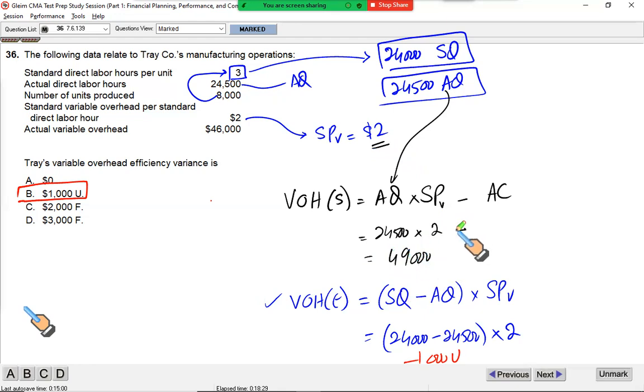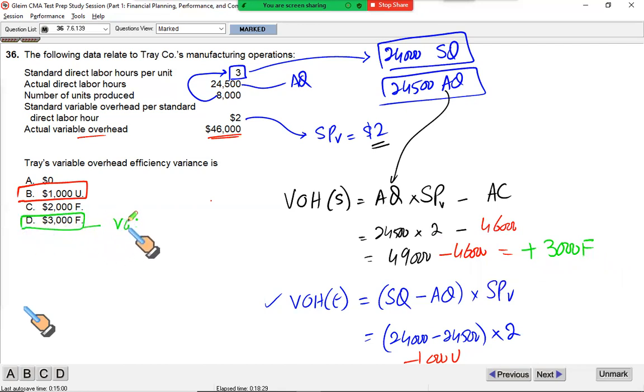But our actual variable overhead cost given here was 46,000. That is good. Our cost should have been 49,000, but it was 46,000, which means it is 3,000 favorable.